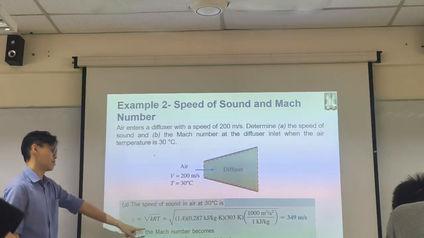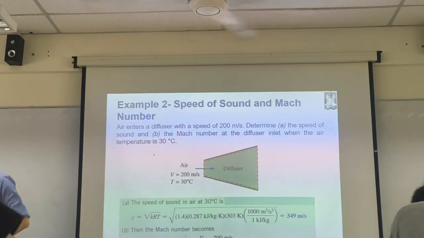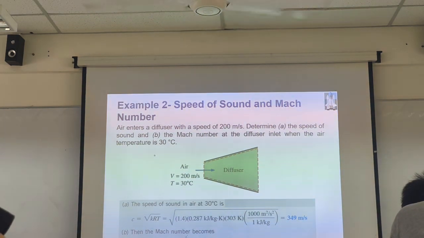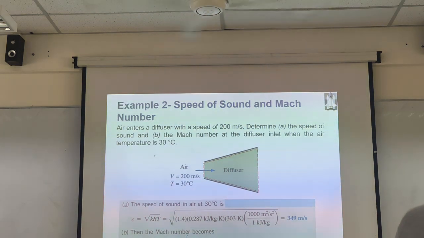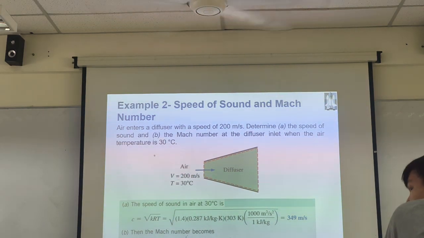Then the Mach number, we can calculate the Mach number. So 200 over the speed of sound, we get the Mach number. Also, in calculation, always remember temperature is in Kelvin. So I always use 287.